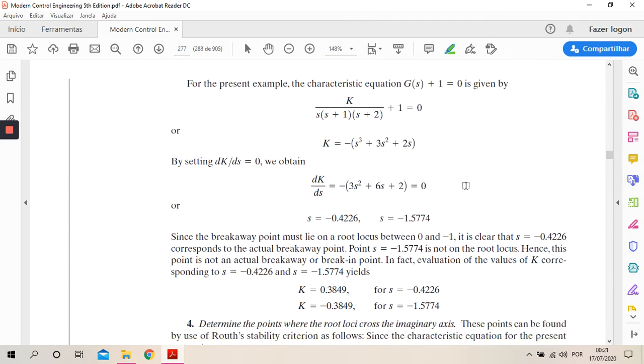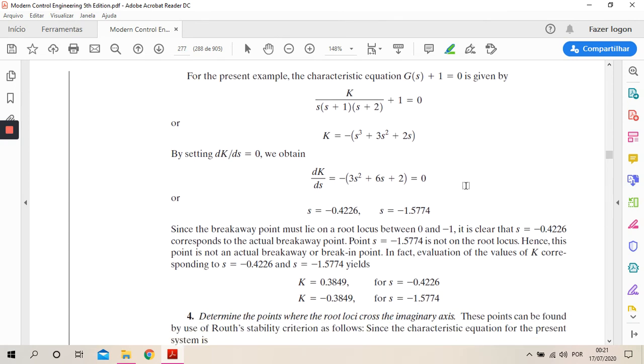And we are going to use this technique to find the breakaway point now using this example. For the present example, the characteristic equation g of s plus 1 equal to 0 is given by k divided by s times s plus 1 times s plus 2, plus 1 equal to 0, or k equal to negative s cubed plus 3 times s squared plus 2 times s.